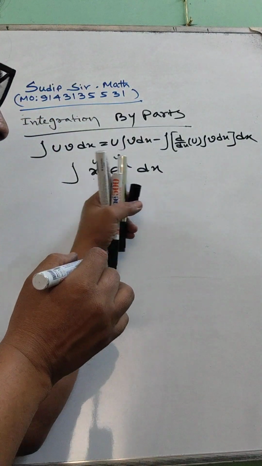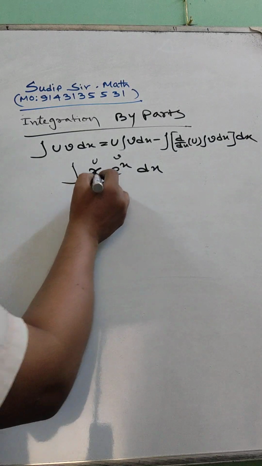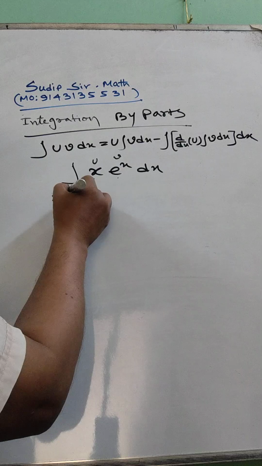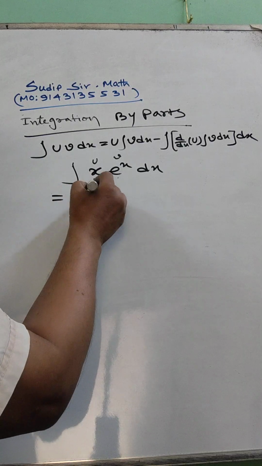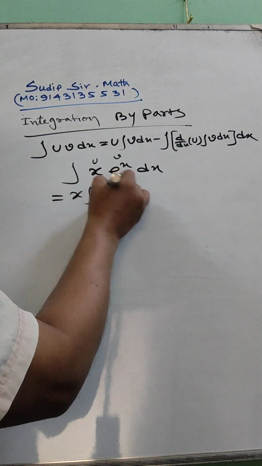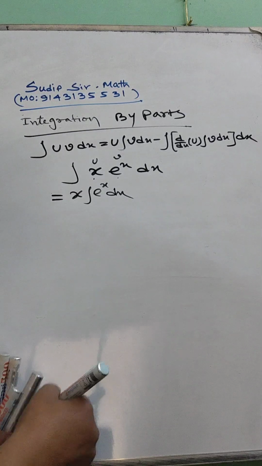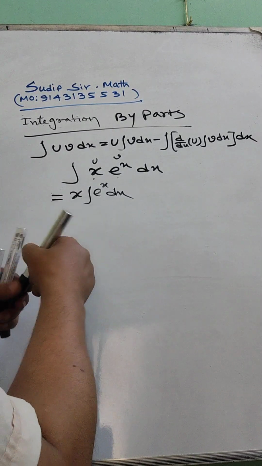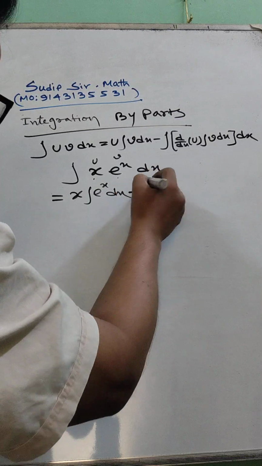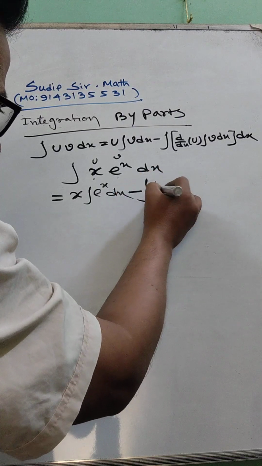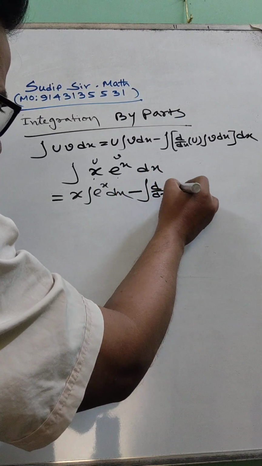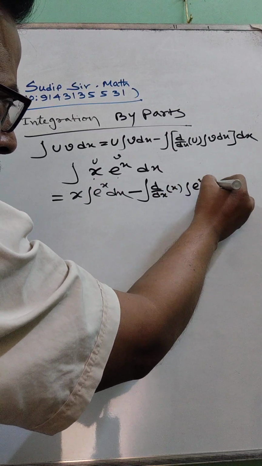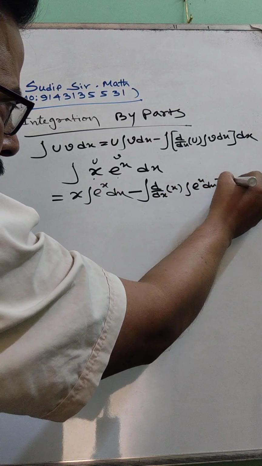So it will be x times integration of e to the power x dx, minus integration of d/dx of x times integration of e to the power x dx, whole dx.